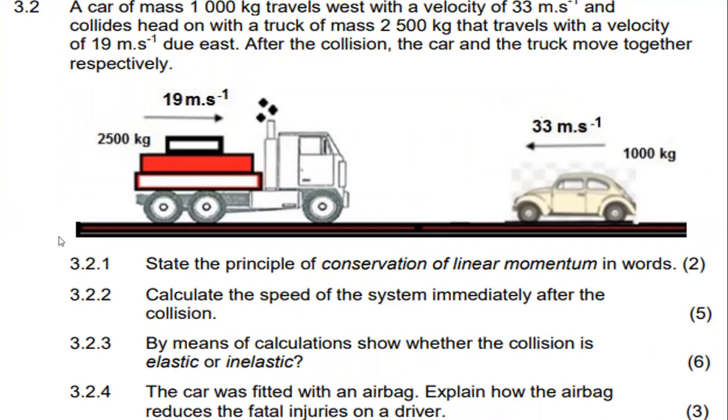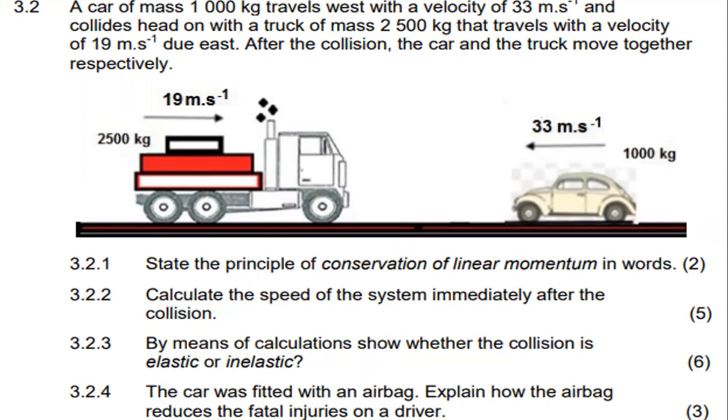The next question says, by means of calculations, show whether the collision is elastic or inelastic. Now, my dear learners, let us remind ourselves again. What do we mean when we say a collision is elastic? And what do we mean when we say a collision is inelastic?